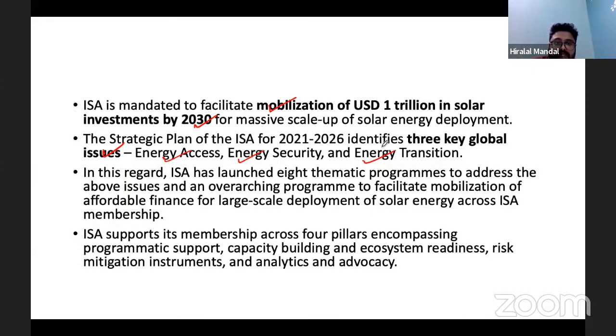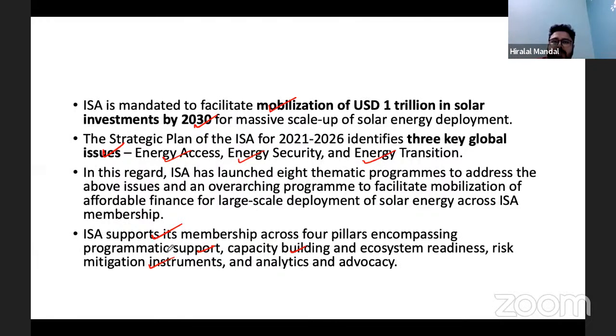That's what the ISA aims at. In fact, the ISA supports its membership across four pillars. What are the four pillars? It provides programmatic support, capacity building and ecosystem readiness, risk mitigation instruments, and analytics and advocacy.